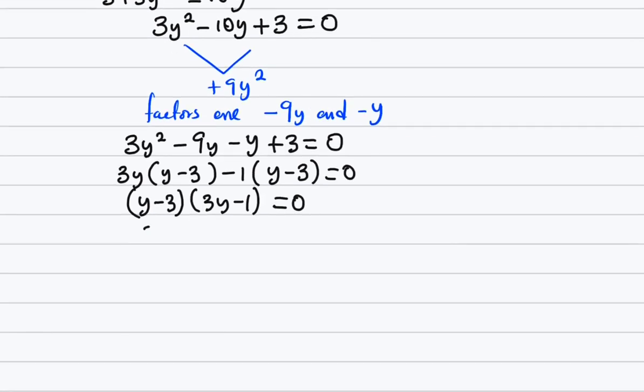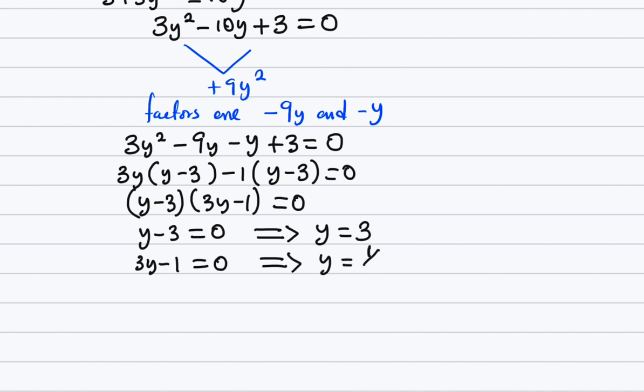So it is either y minus 3 is equal to 0, which implies that y is equal to 3, or 3y minus 1 is equal to 0, which implies that y is equal to 1 over 3. But you see, we actually introduced y.